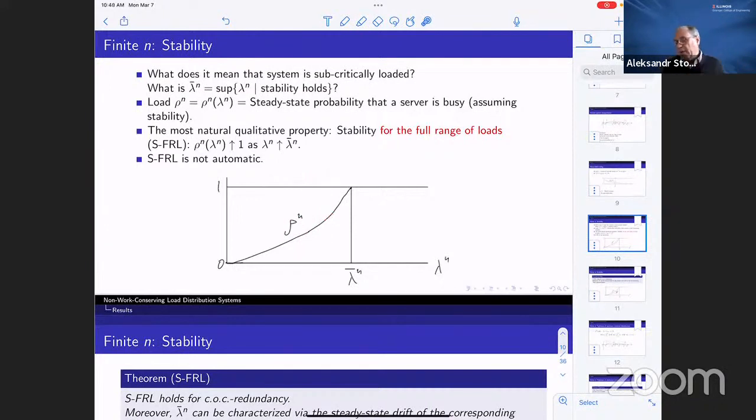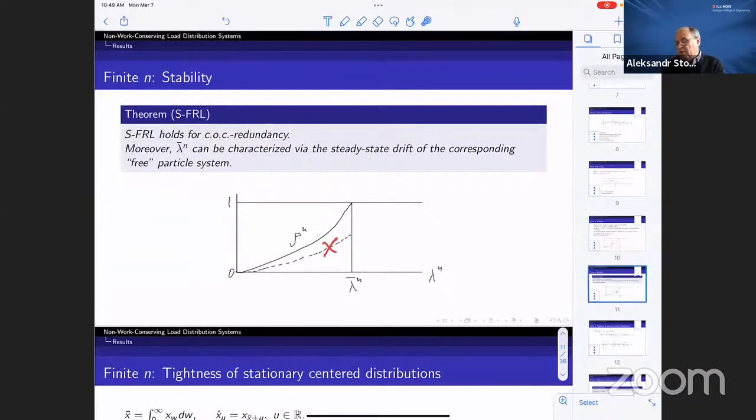And the most natural property that you would expect is that when your lambda approaches this upper bound, the steady state load approaches 1. This property is not automatic, and it is a bit of a difficulty, but it's not a serious difficulty. You can show that for the system we are looking at, it in fact holds.